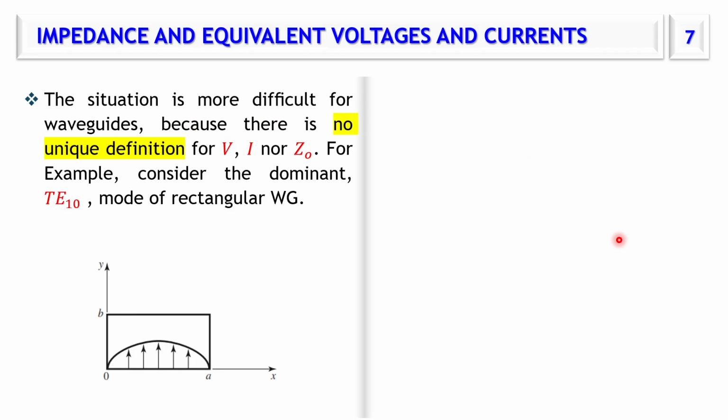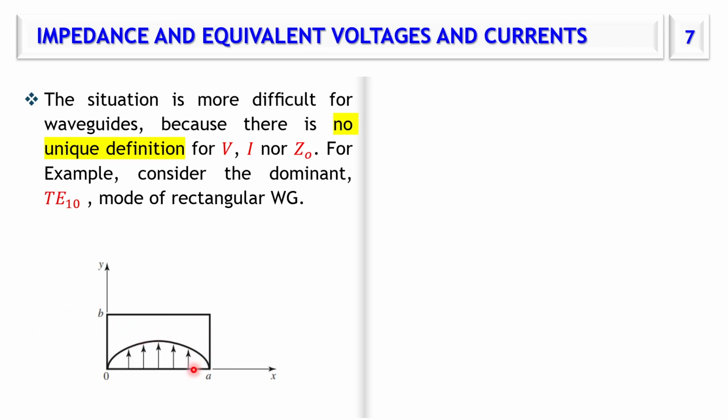For cases that are not TEM, like TE10, the field distribution is something like that, and there is no clear or unique definition for voltage, current, and impedance. For example, which voltage: the voltage between this point and that point, which is 0, or from the middle, or what?